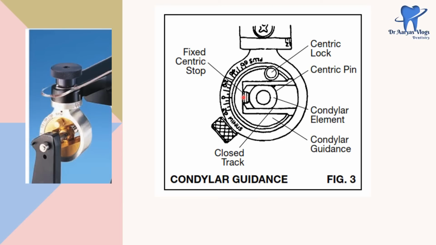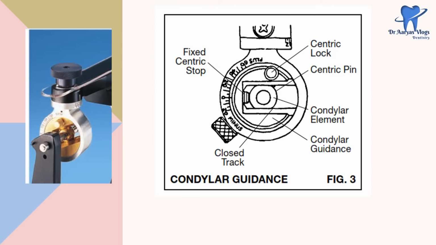And this is the fixed centric stop. It has a centric stop at the posterior end of the track to limit the anterior movement of the condylar element. When the element rests against the stop, it is at the centric, the point from which the protrusive or Bennett angles both emanate.